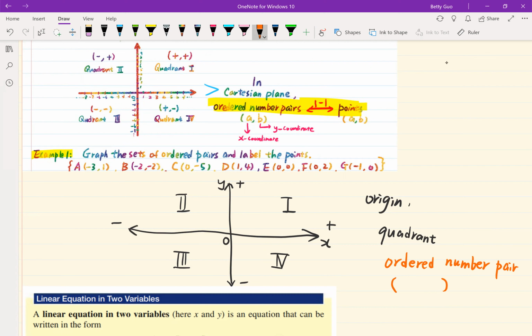We use a parenthesis to frame the two numbers. A pair has 2 components, right?